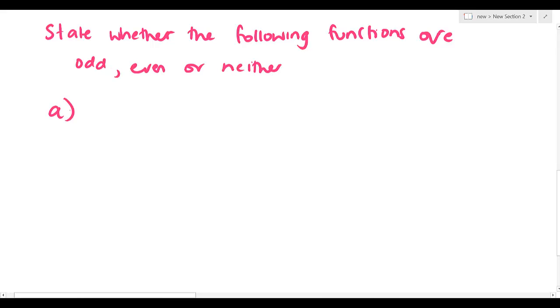Our first example is f(x) equals 3x squared plus 4.